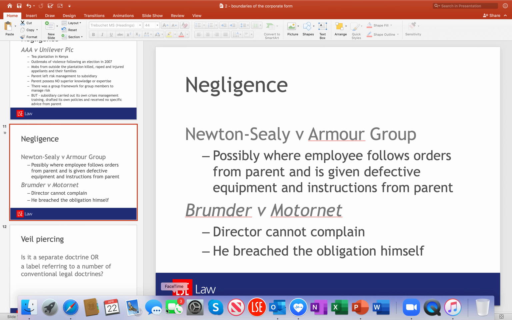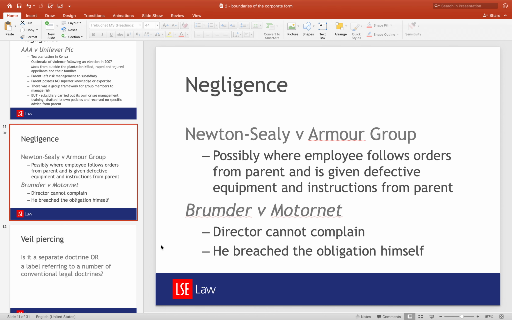And then Brumder v Motornet is a little appendix to all of this, because that was a director who was responsible for the health and safety of a workshop, a car repair shop, and he injured himself, and the answer was, well, hang on, you were the director, you're responsible for health and safety in this workshop, and you cannot turn around and say, I'm suing the company for my own negligence.